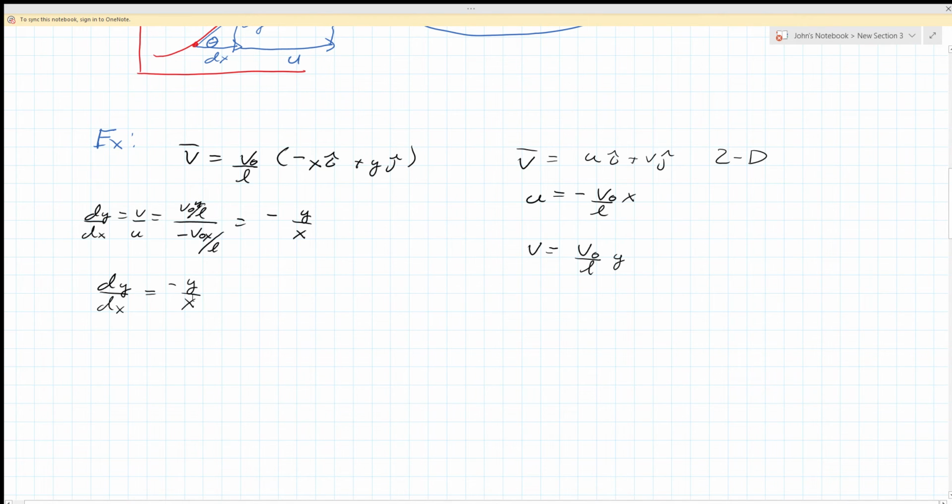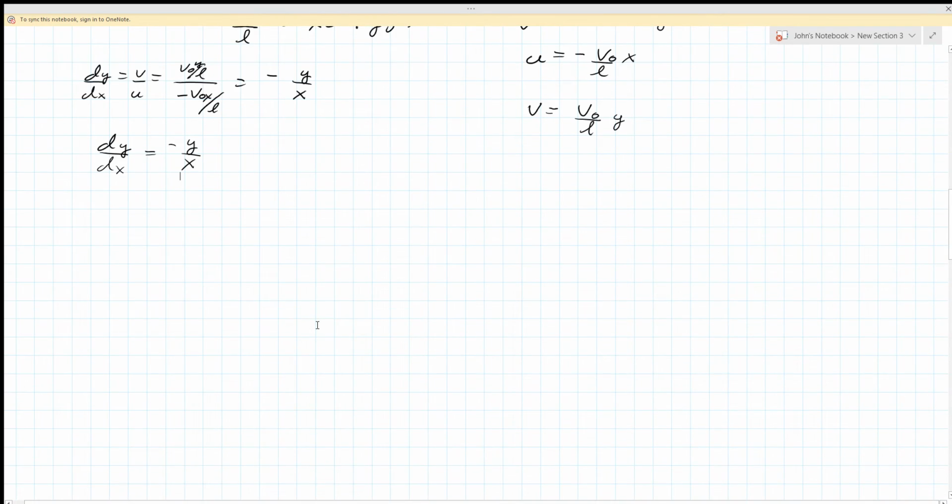I have to solve this; I can't just leave it as is. I need some sort of function that defines it. This is 2D, so I need a 2D function. To solve that, I have to do separation of variables. So dy over y is equal to negative dx over x. I'm going to make this positive, this negative, because I want to.